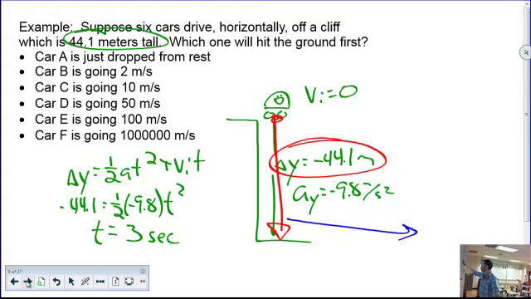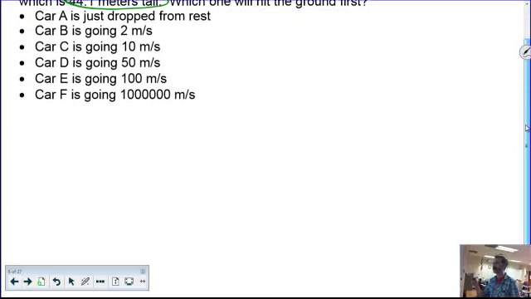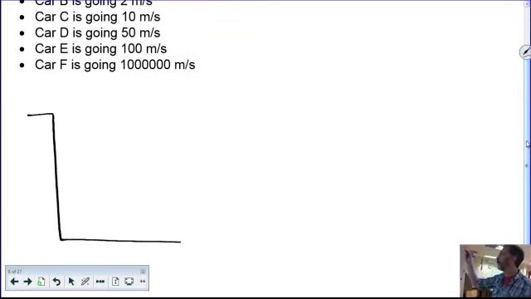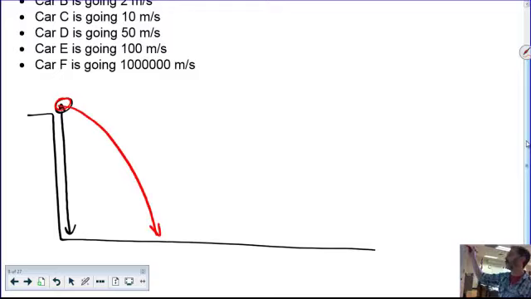Let me clean up the board here. So here's the deal. Here's my cliff. Car A is going to go 1, 2, 3, boom. Now car B is traveling at 2 meters a second, so it's going to go 1, 2, 3.